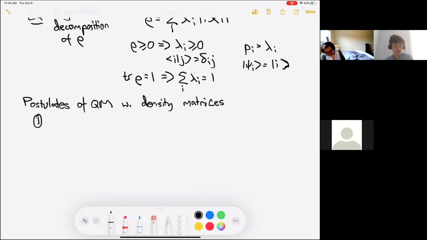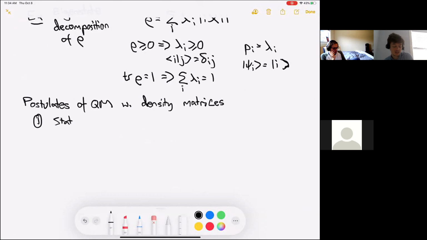When we first introduced the postulates of quantum mechanics, we said that states are described by vectors in some Hilbert space. Now we're going to generalize that.